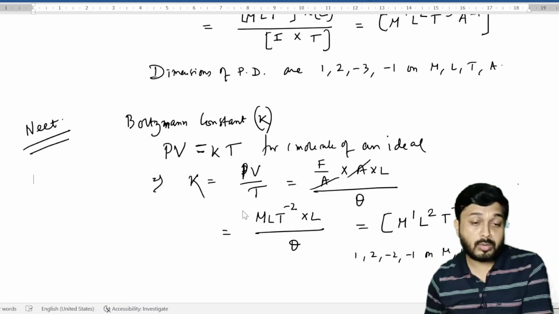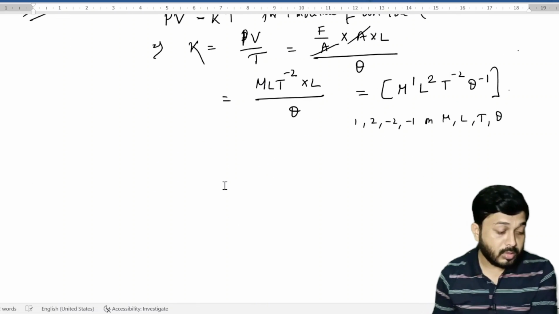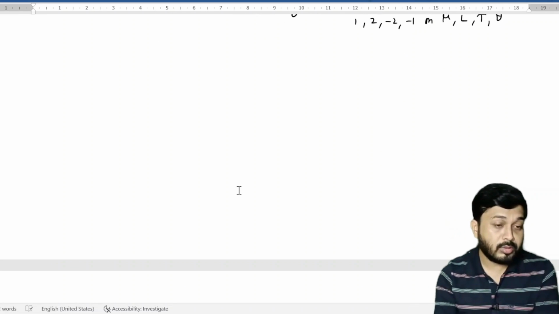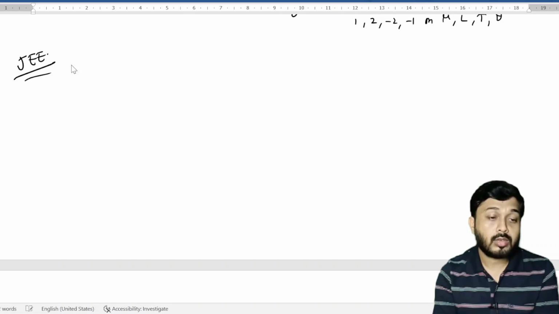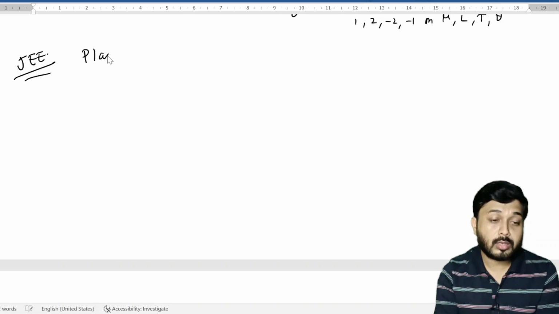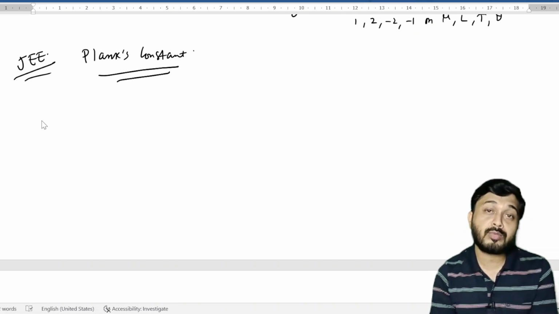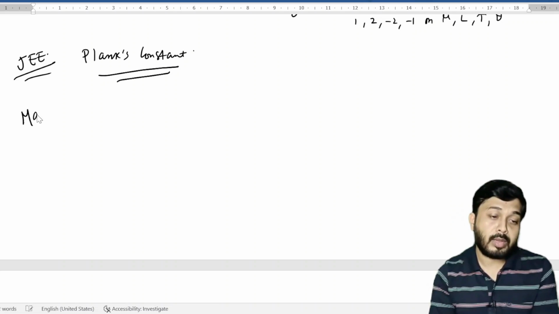Another constant I want to tell you, and that had come in the joint entrance examination, is Planck's constant. Max Planck was a very popular and renowned scientist, famous for discovering the particle nature of light.